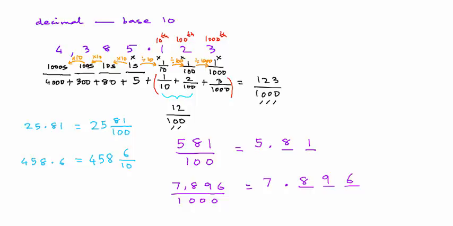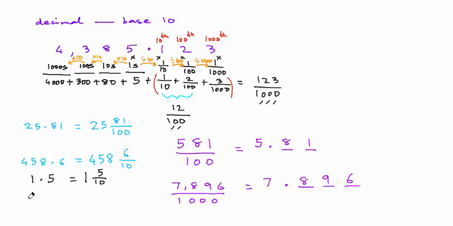One final word about decimal numbers. You can add as many zeros to the end of a decimal number as you want, and the number doesn't change. Consider the number, let's say 1.5. Now this is equivalent to 1 and 5 tenths, right? Only one digit after the decimal point, so you have a 10 over here.